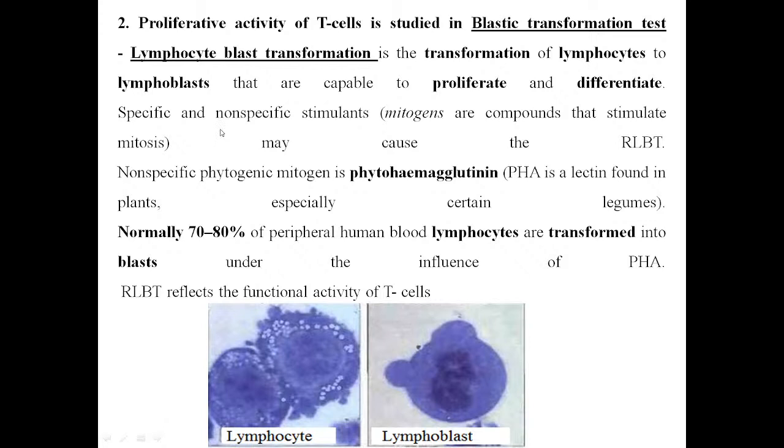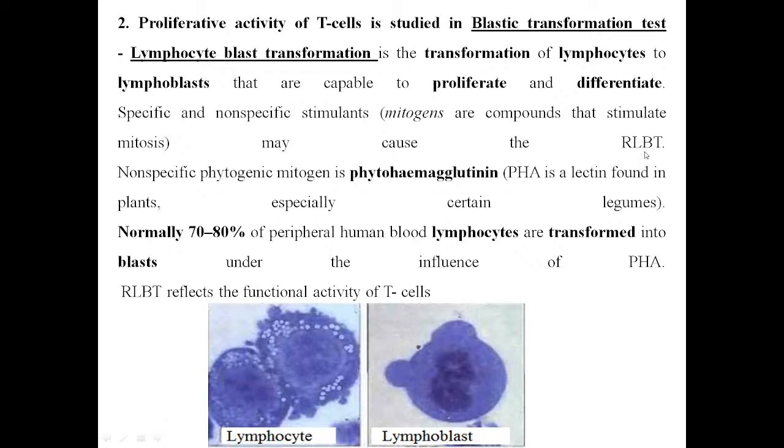How to do it? Firstly, in this blastic transformation test, we use specific and non-specific stimulants. These are substances, mitogens, compounds that stimulate mitosis. Mitosis means multiplication. These mitogens may cause blast transformation.